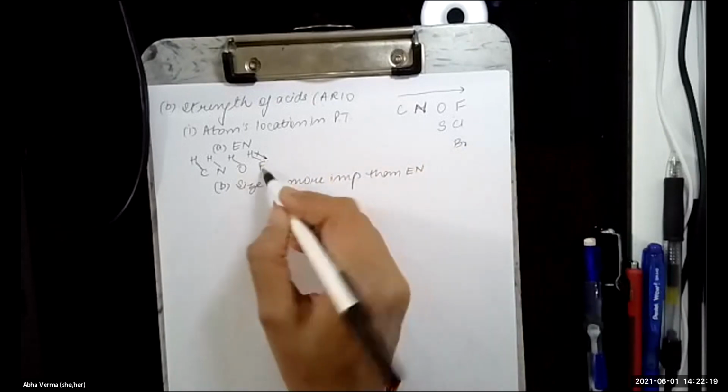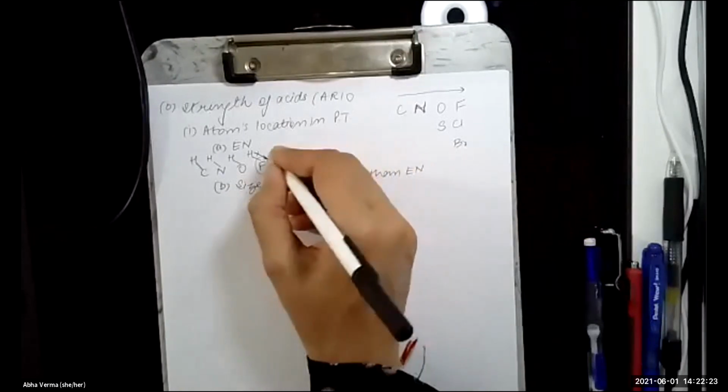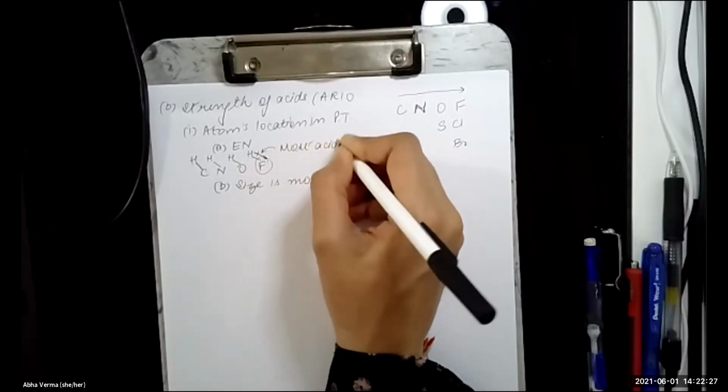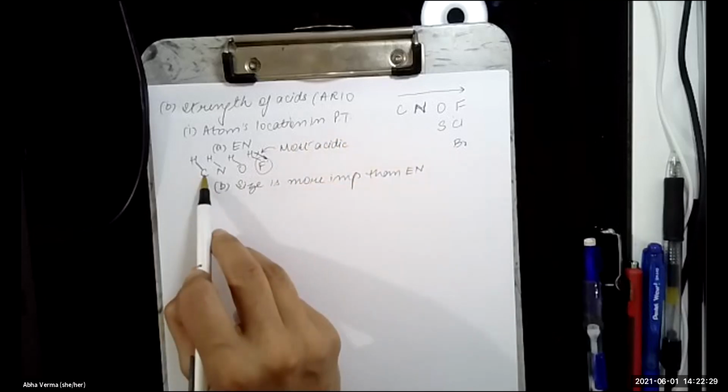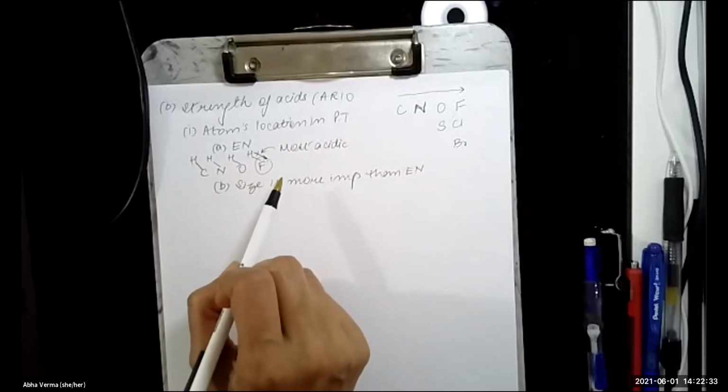So in this case, we know that this is the most electronegative, so this hydrogen will be the most acidic, if you have to compare hydrogen on carbon, hydrogen on nitrogen, hydrogen on oxygen.